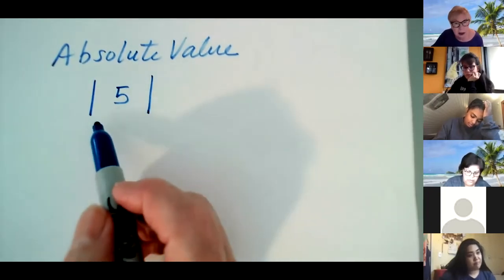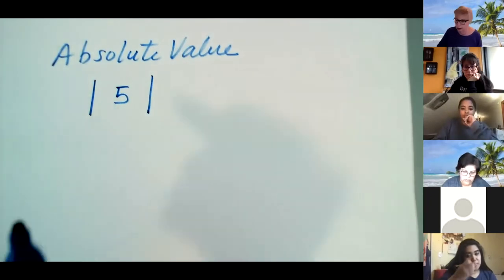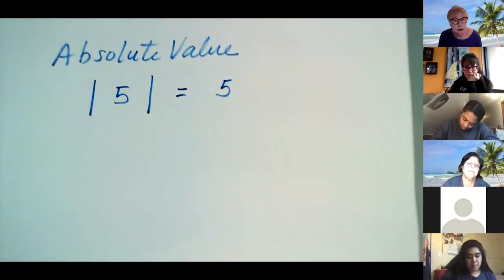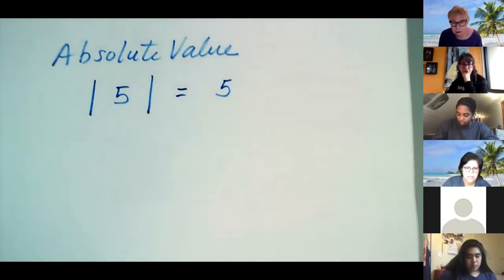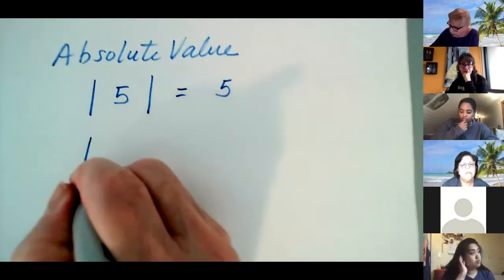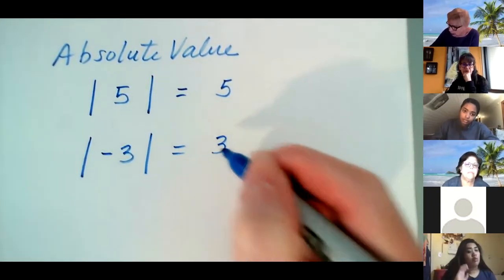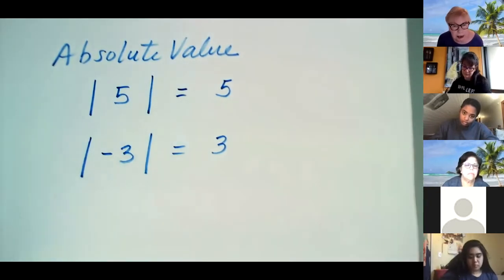So you would say, this is the absolute value of 5. It's asking you to write the number without mention of the sign, just the 5. So the absolute value of -3 would be 3. In a sense, it's asking you, how far is this from 0?